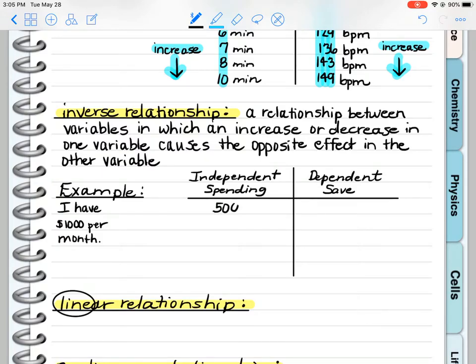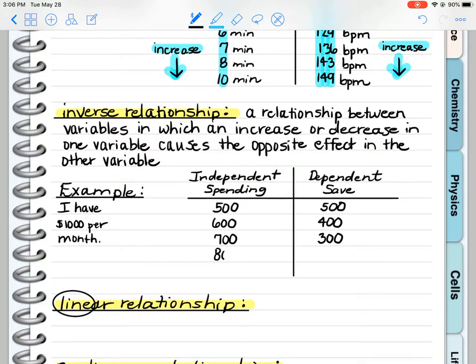So here's an example. $500 I spent. So how much did I save? If I spent $500, I saved $500. And that 500 plus 500 is the 1,000 for that month. So maybe the next month I spent $600, which means I only got to save $400, because 600 plus 400 is the 1,000. Next month I spend $700, so I can only save $300.